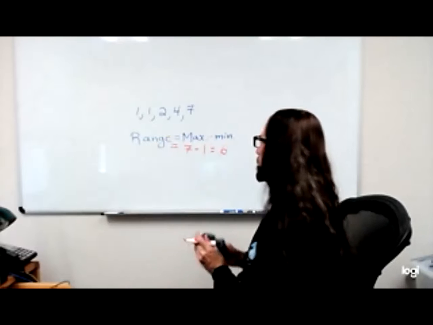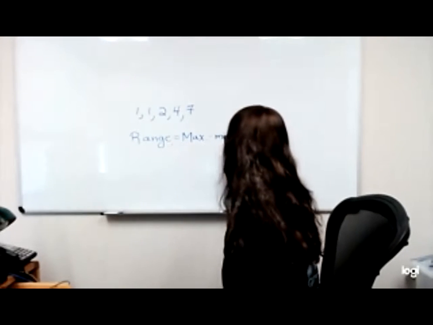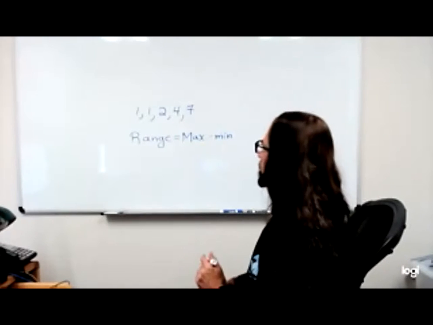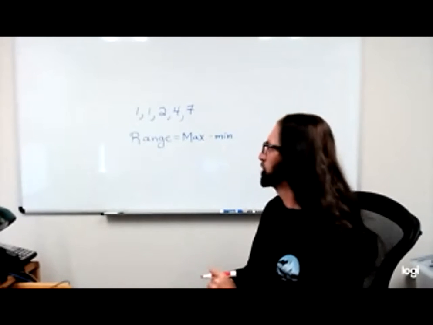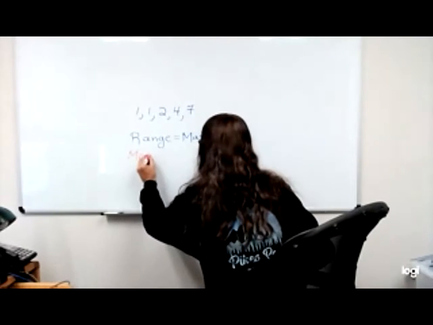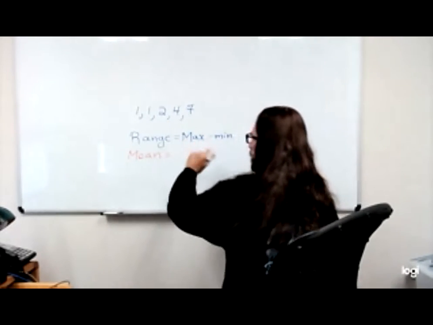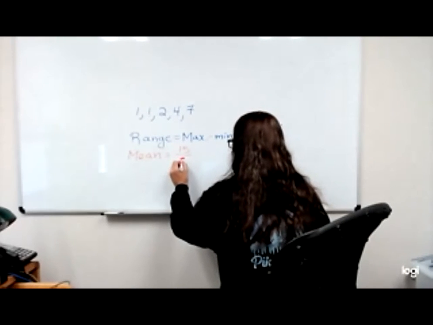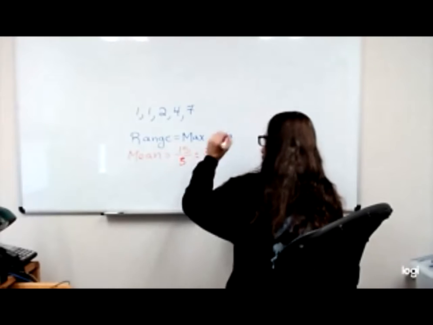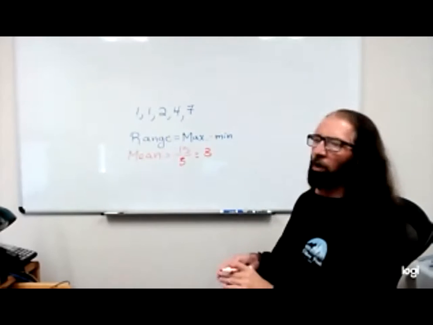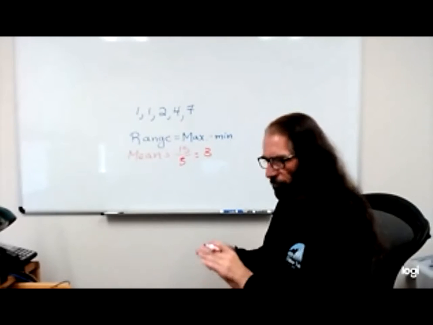We have also already seen the mean, which we found for this one was a total of 15 over 5 scores. We had a mean of 3.